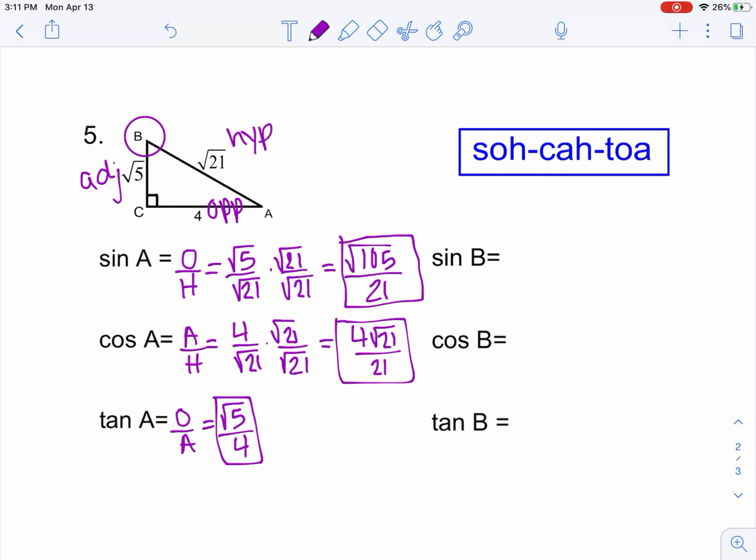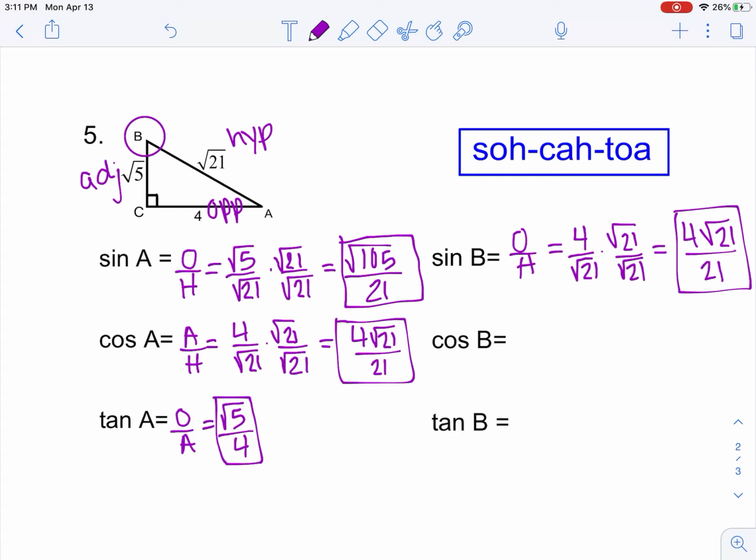Okay, so finding the sine of B, we take the opposite divided by the hypotenuse. So 4 over the square root of 21. Rationalize our denominator. So sine of B equals 4 root 21 over 21.